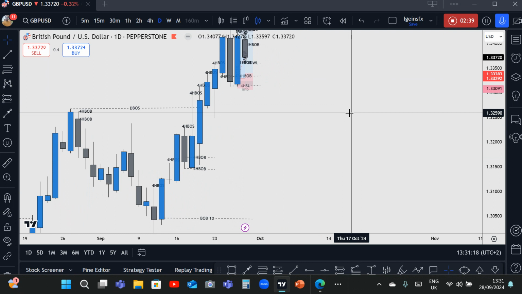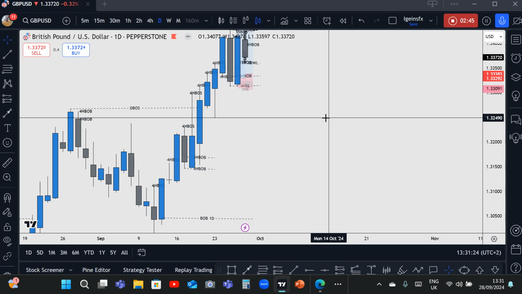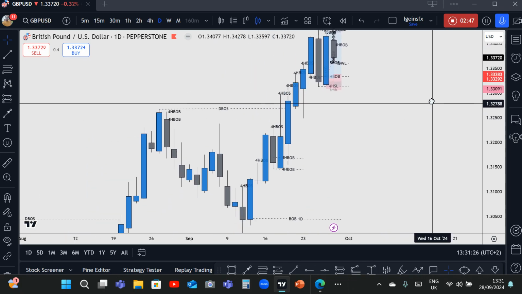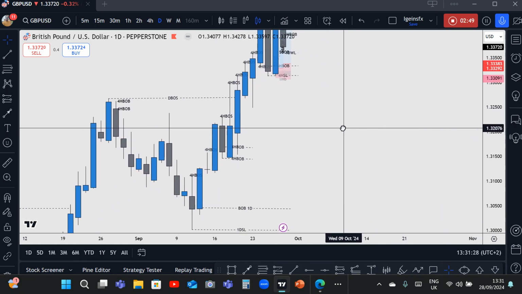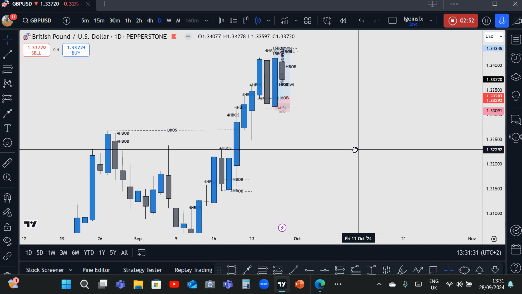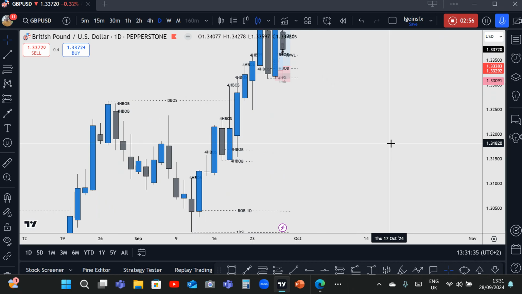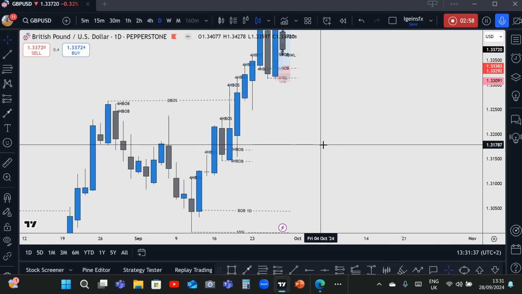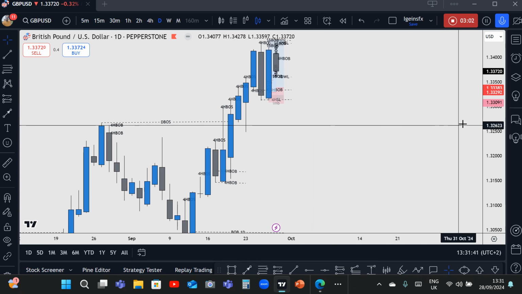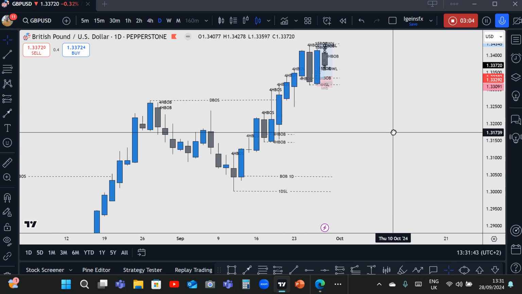Before you do anything, you should know that market structure plays a very significant role. For you to be able to do your analysis very well, you should be able to read market structure. Market structure is the overall framework of what price action is printing.